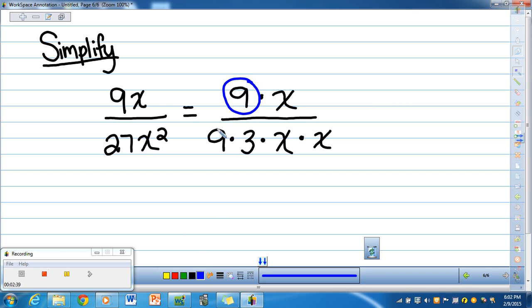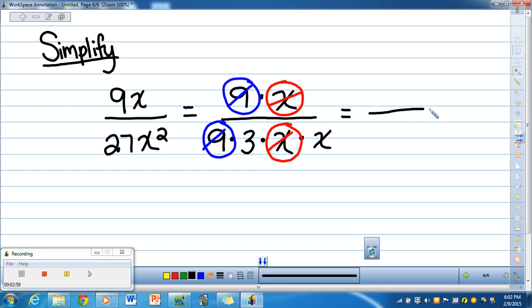Look for the same factor on the top and the bottom to cancel out. Again, this is a form of 1. 9 divided by 9 is 1, so they can go away. We can also cancel out an x on the top with an x on the bottom.